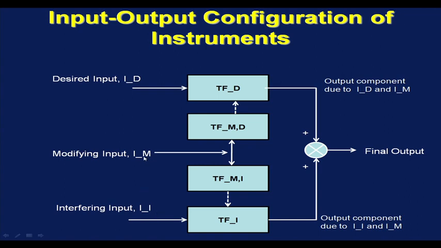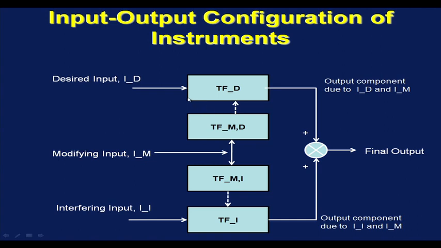And since modifying input alters the relationship that exists between desired input and output, and interfering input and the output, we have a transfer function TFMD which represents interactions between these two, and a transfer function which interacts with modifying input and interfering input.